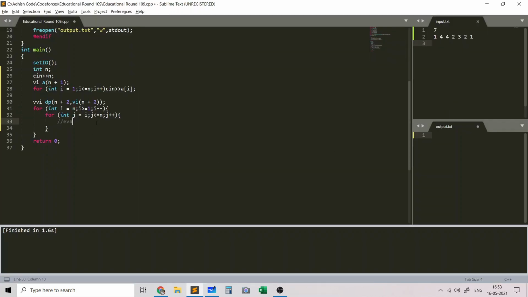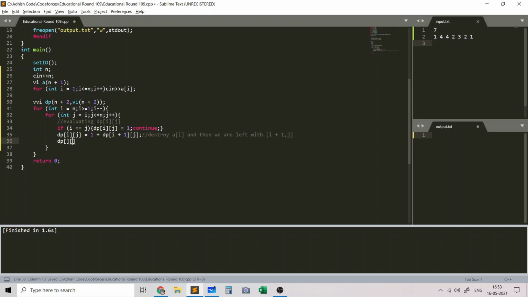So I'm evaluating dp of ij. Then the first case would be if I is j, then dp ij would be equal to 1, and then we would just continue. Otherwise we would set dp ij to be equal to dp I plus 1 j, which is basically destroying ai, and then we are left with I plus 1 to j.